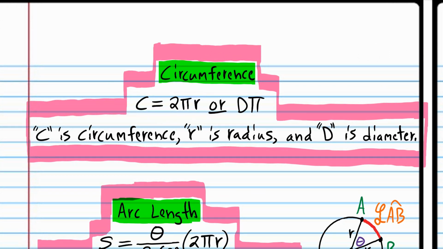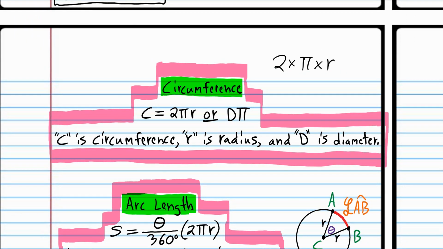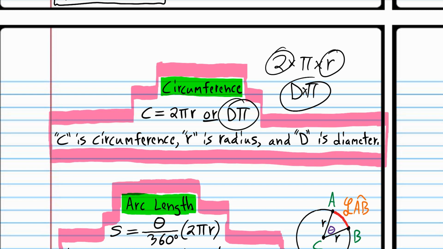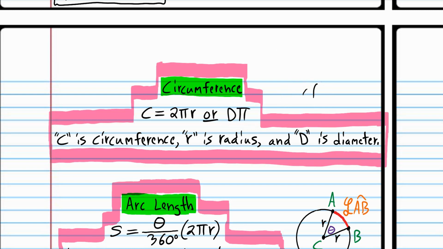That means you take 2, and then you multiply it by pi, and then you multiply that by the radius of the circle. You can also take the 2 and r and just multiply them together, and that gives you diameter. And then you multiply that by pi. So that's another way to write it. So that gives you the total arc of the whole circle.